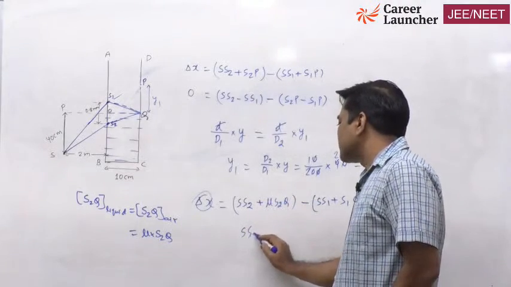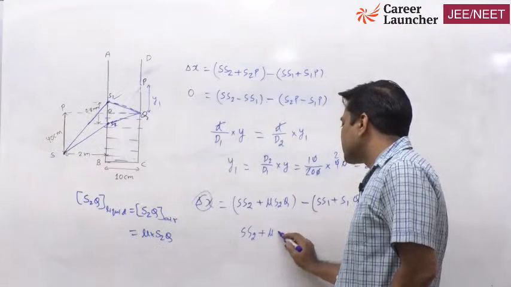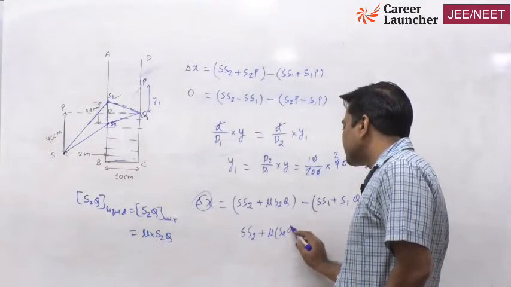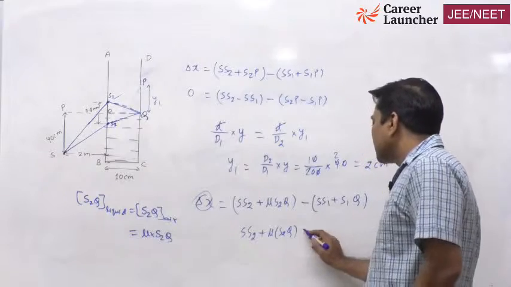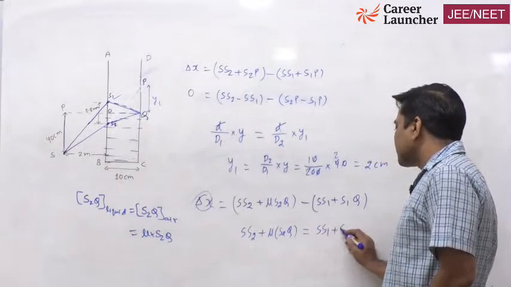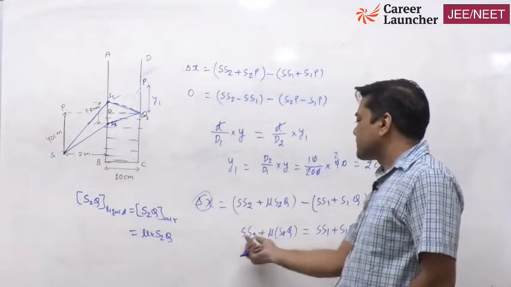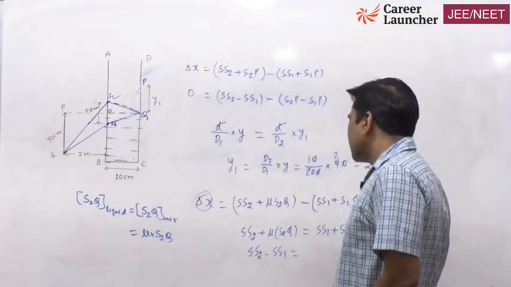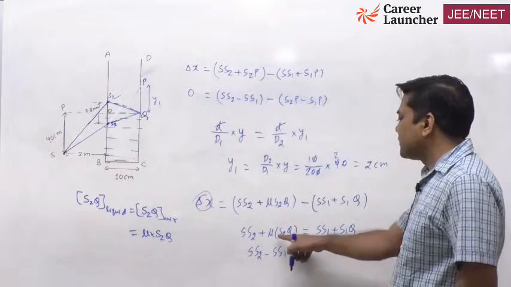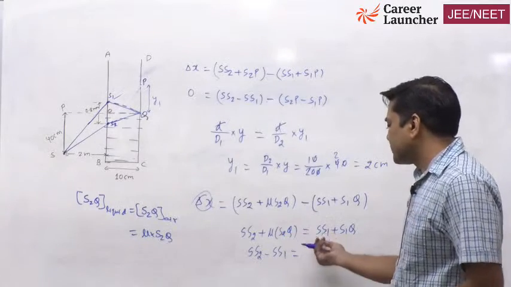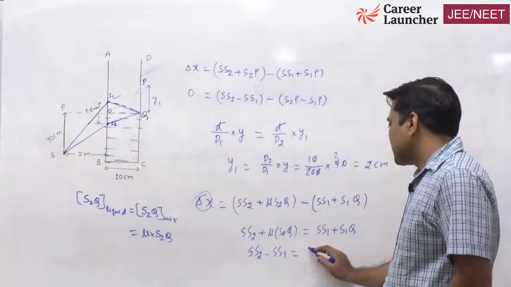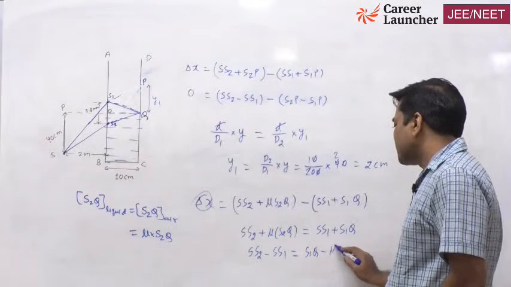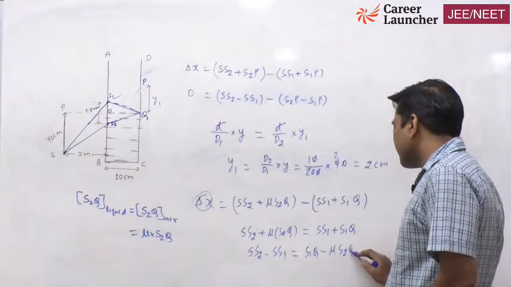So SS2 plus mu times S2Q, I'll keep this in bracket, equal to SS1 plus S1Q. We'll bring this term here: SS2 minus SS1 equals S1Q minus mu times S2Q.